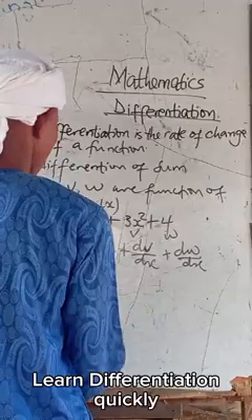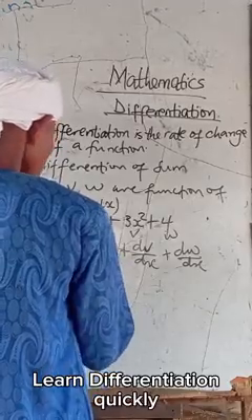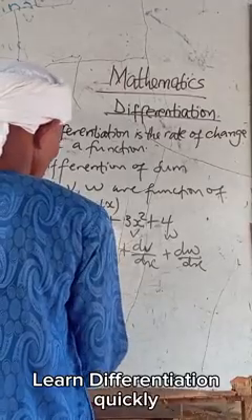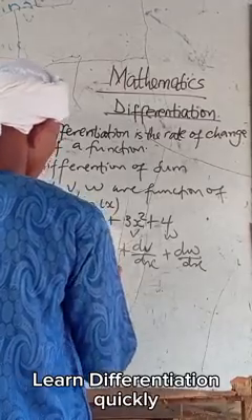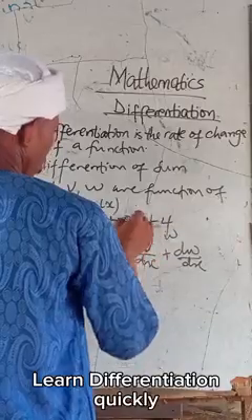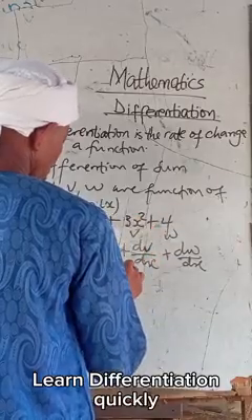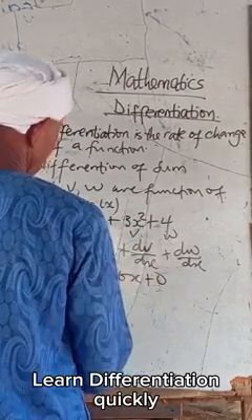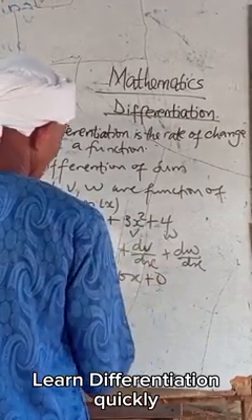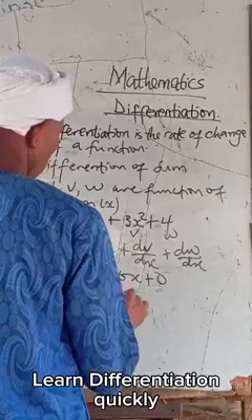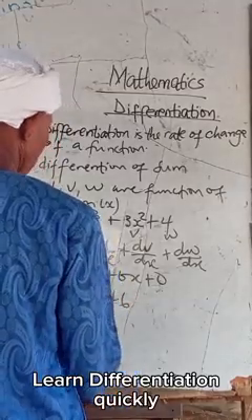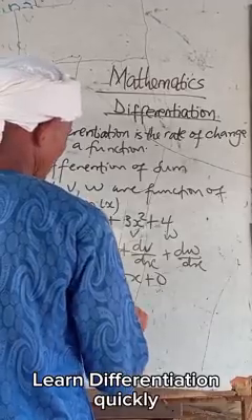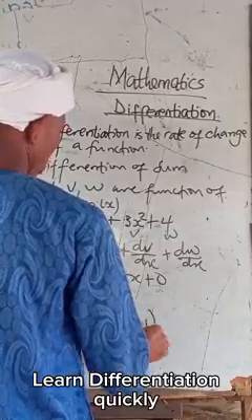That is, we have 3 times 2, which is 6x squared, plus 2 times 3, which is 6x, plus 0. That will be 6x squared plus 6x. So you can leave it as this, or you can proceed to say 6x into x plus 1.